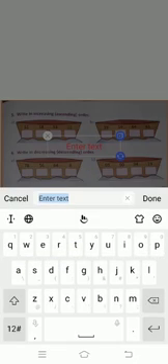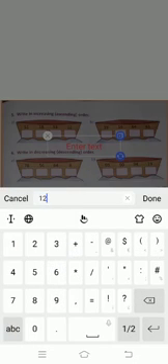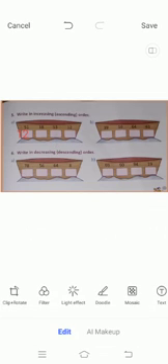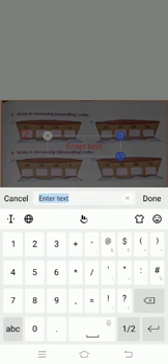So first you should write 12. Then the next smallest number is 18. So you should write 18.